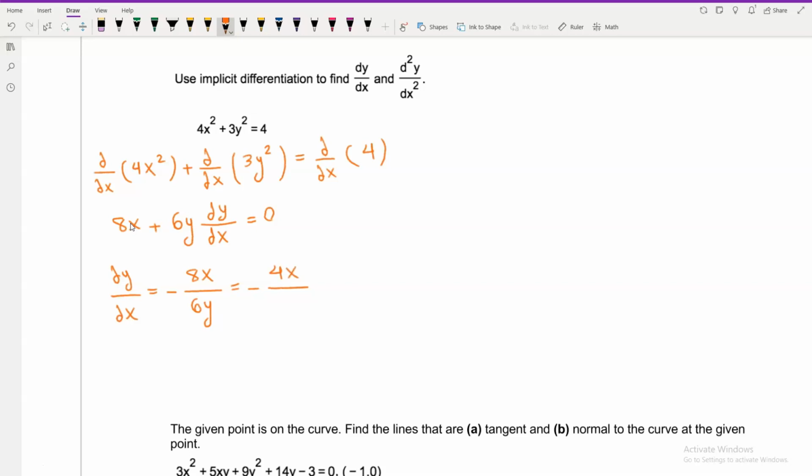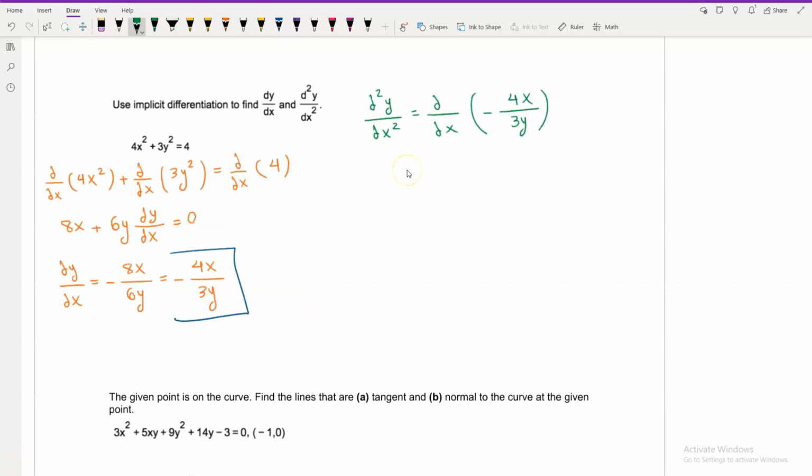and that is negative 4x divided by 3y. Now second derivative of y is equal to derivative of negative 4x divided by 3y, and this is equal to negative times derivative of 4x divided by 3y.